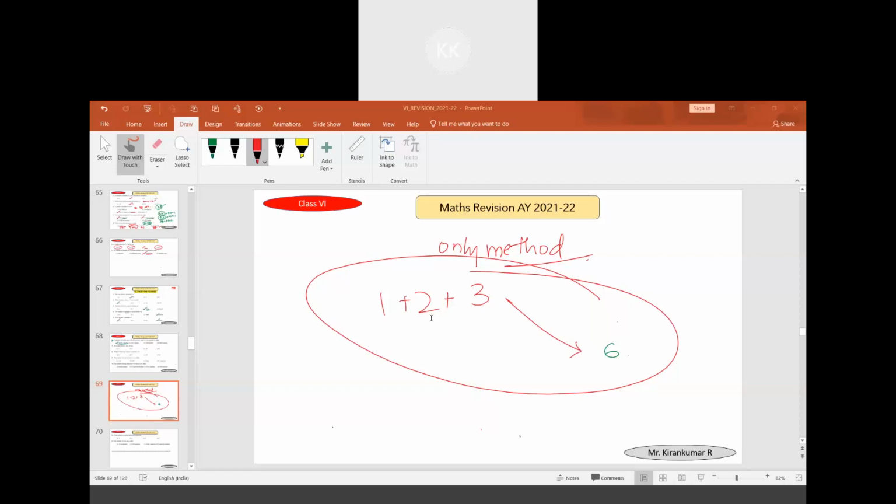If I consider 6, then 1 plus 2 plus 3 plus 6 minus the number itself will give the number. You can add them, we get 12. 12 minus 6 is 6. Sum of the divisors, minus the number itself will give the number. Understood? Yes, sir.